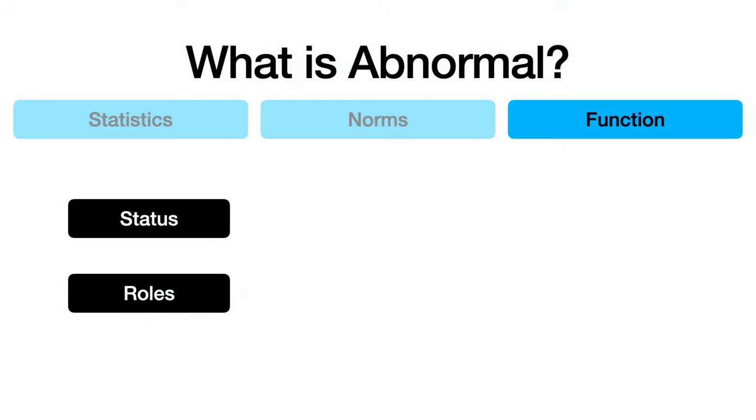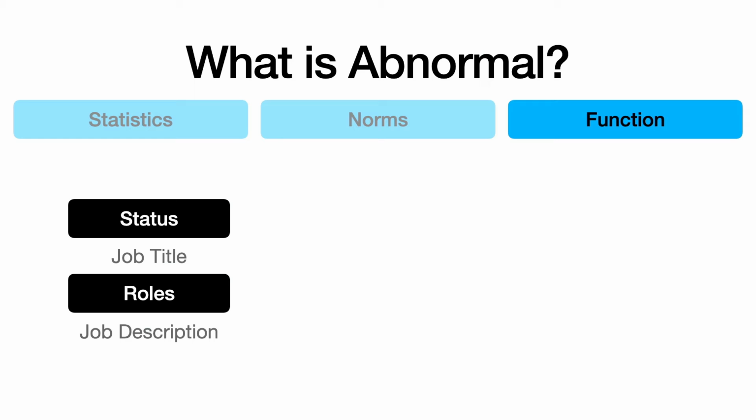Each one of those is a job title that I have. And each one of those job titles or statuses has a job description, and that's really what these two terms are about. So we have status, which is the job title, and roles, the job description.